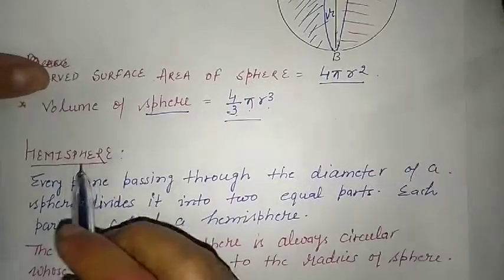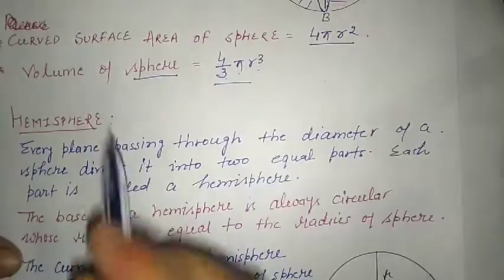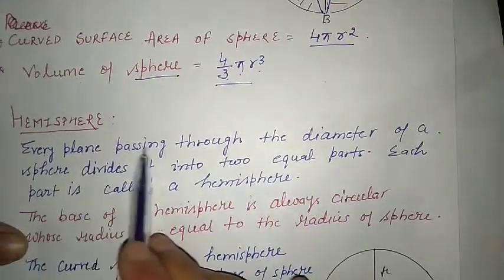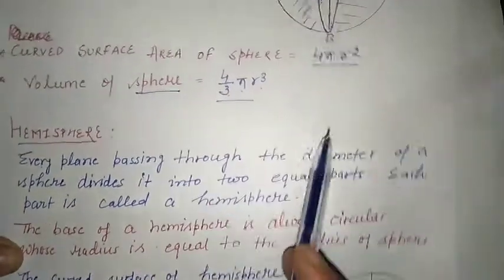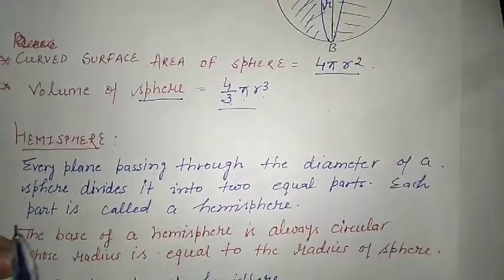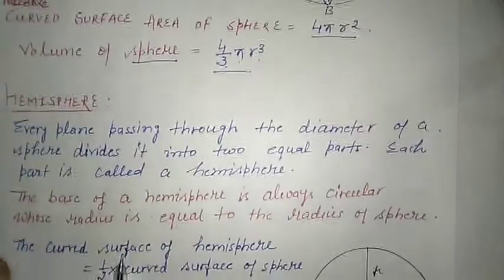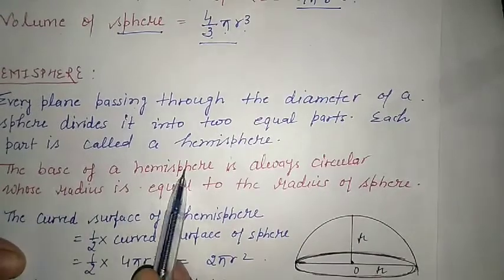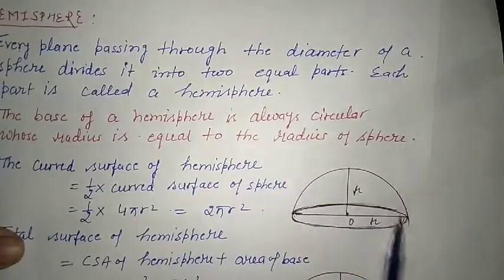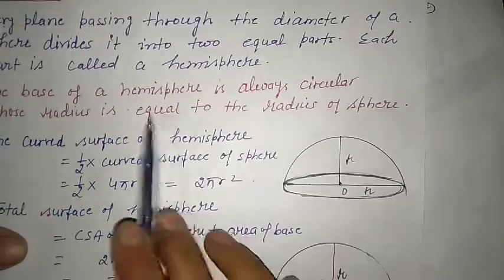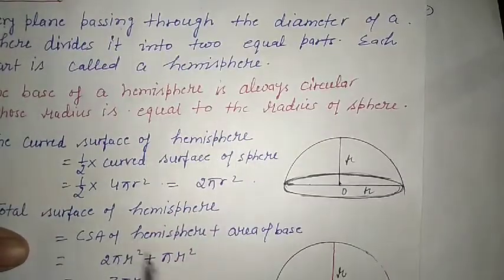Now the next term is the hemisphere. Every plane passing through the diameter of a sphere divides it into two equal parts. Each part is known as a hemisphere. This we have discussed in this figure. The base of a hemisphere is always circular, whose radius is equal to the radius of the sphere.